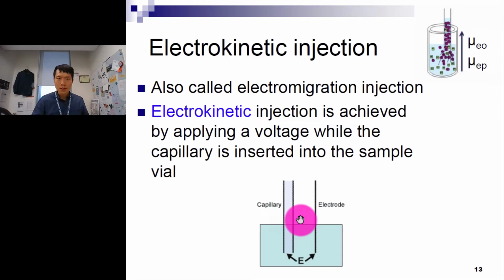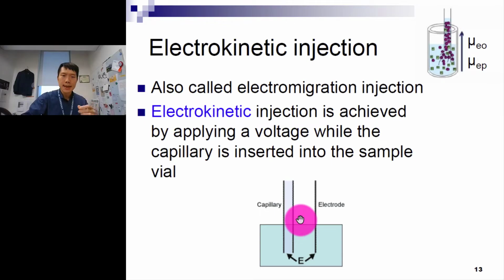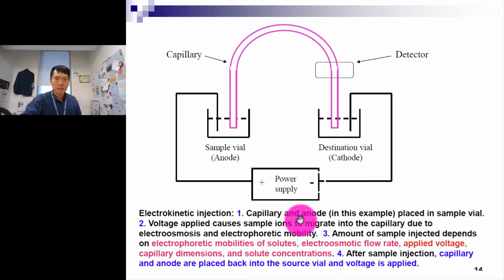Now, let's turn to electrokinetic injection, also called electromigration injection. So this electrokinetic injection is achieved by putting a voltage, like a Pikachu spark, and then because of this, those mobile ions will be inserted into the capillary from the sample vial. This is the system, how it looks like.